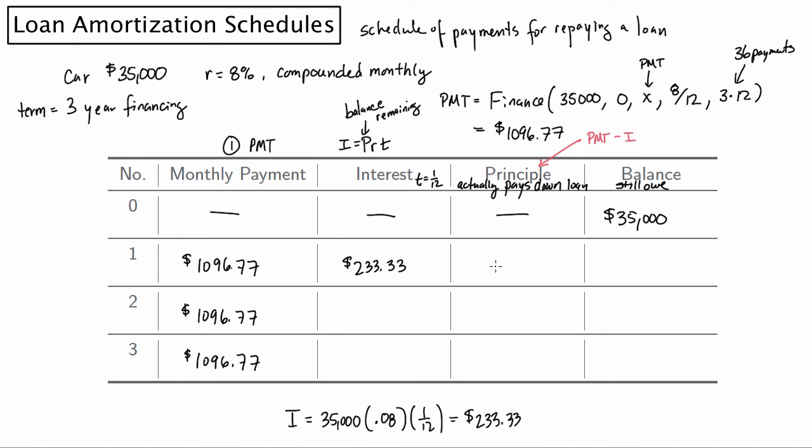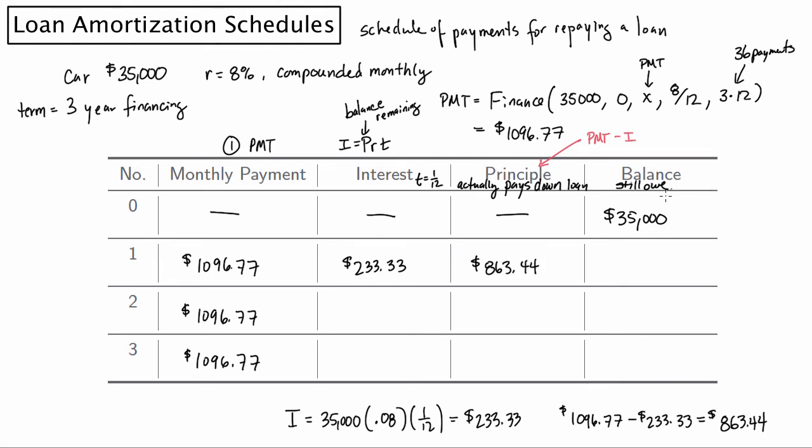And so what you'll end up with at that point is, for this problem, the monthly payment is $1,096.77 minus the interest payment of $233.33, leaving you a total of $863.44. So that's the amount that actually affects the balance.